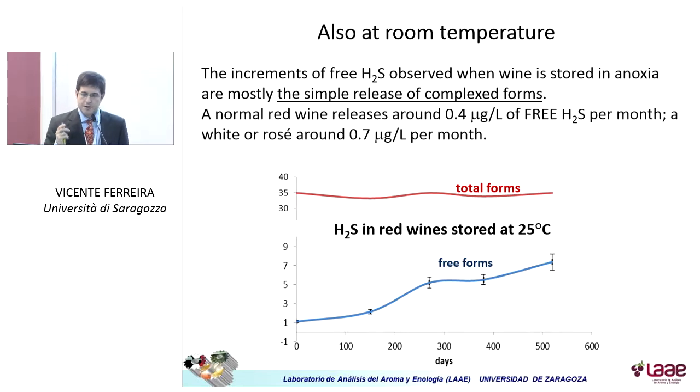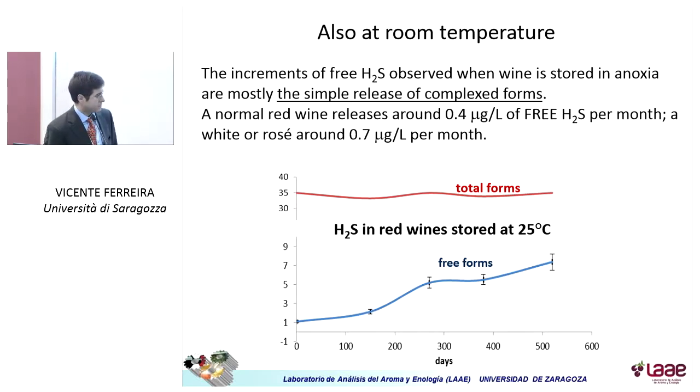So we have measured that a normal red wine releases around 0.4 micrograms per liter of free hydrogen sulfide per month, and a white or rosé around 0.7 micrograms per liter per month.